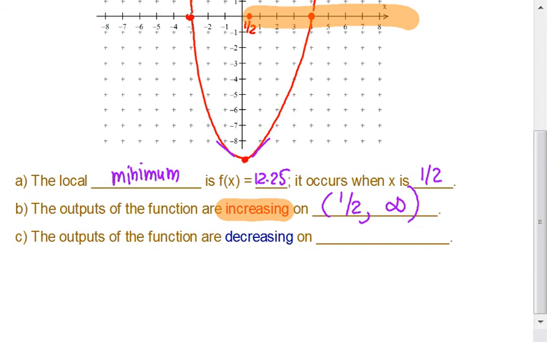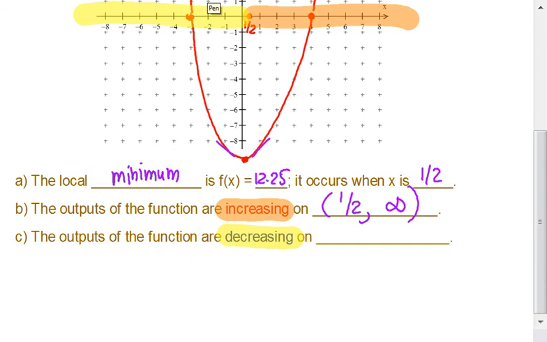Okay, now let's look at part C. The graph is decreasing when it falls from left to right, which happens here, and that's happening for the inputs to the left of 1/2.